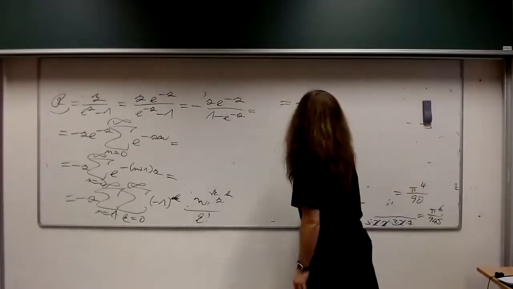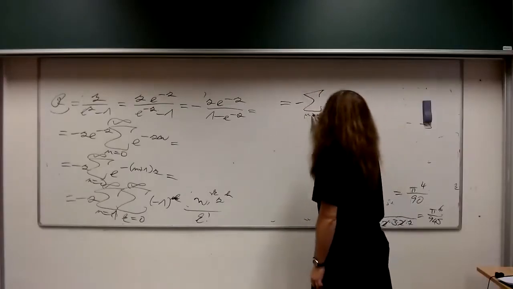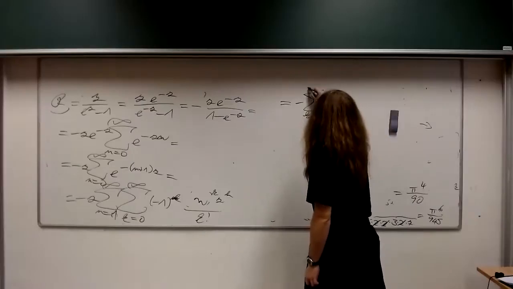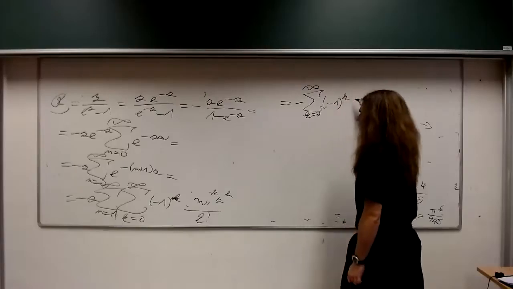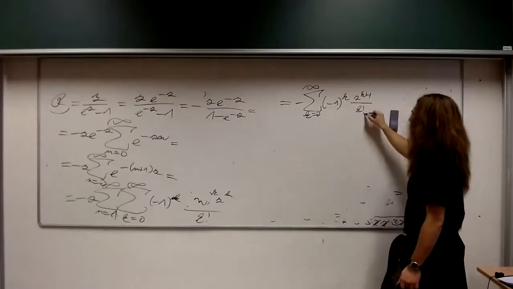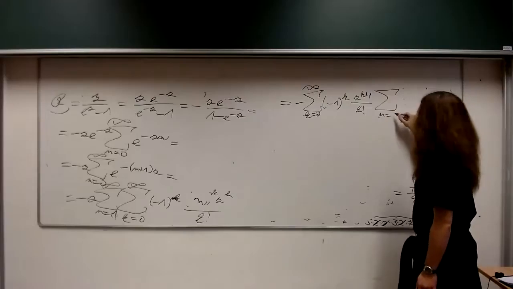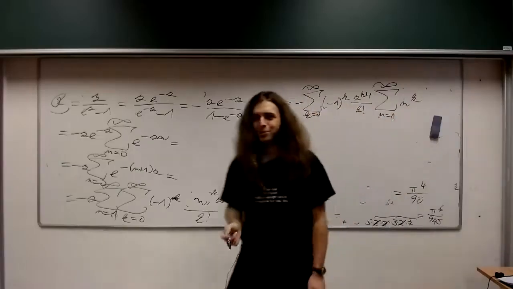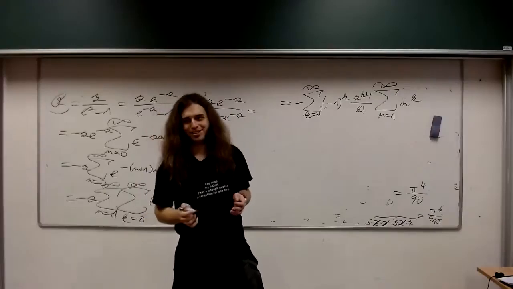We get minus the sum, k equals 0 to infinity, minus 1 to k, z to the k plus 1, because there was a z in front. Here we have just this. Of course, this doesn't make any sense, but let's be honest, right?